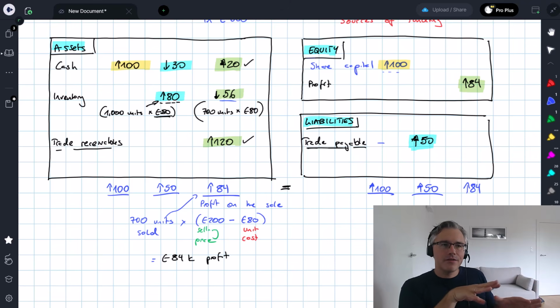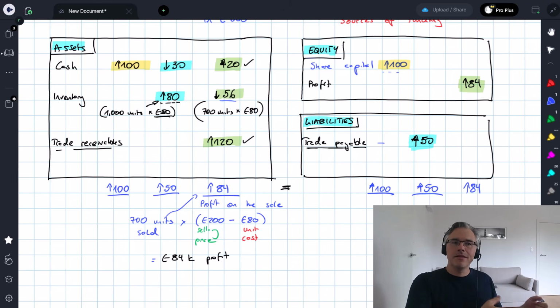In many financial statements, in many balance sheets, you'll see it labeled as retained profits or retained earnings. Why? Because the shareholders could have taken that profit out by paying themselves a dividend, or voting to receive a dividend, but have nevertheless decided, consciously or not, to let the business keep the profit.